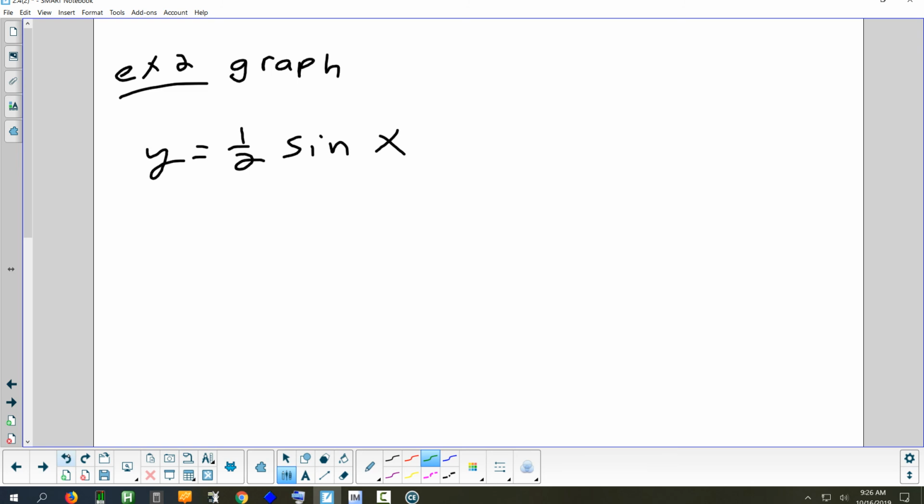Well, that's still multiplying, right? If you were to read that, that's 1/2 times the sine of x. So you're still multiplying something in front by sine. It's just this time it's a fraction. But you can multiply by fractions. All right, so that's why it's an amplitude change. 1, you're multiplying. 2, you're doing it in front. If you're wondering, well, where else can you multiply? You could multiply right next to the x. We'll see that tomorrow. All right, so now let's make a table.